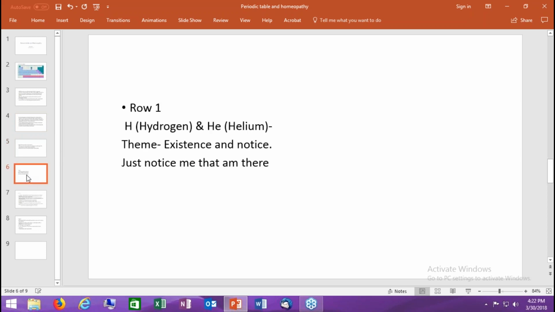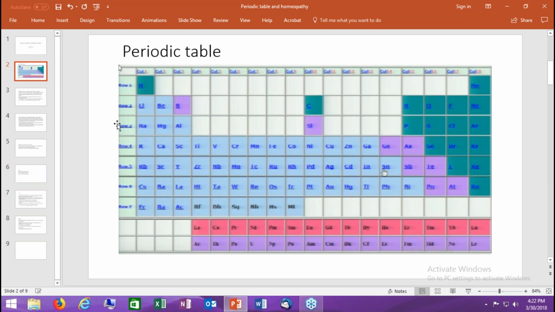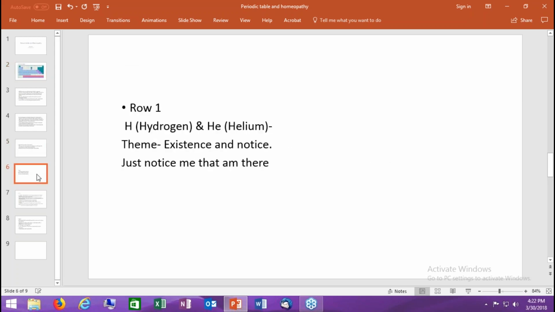Coming to the practical point, we will discuss the first element, hydrogen. H is the first element, hydrogen. What is the theme here? What is the common theme in row 1? The common theme is existence, notice.